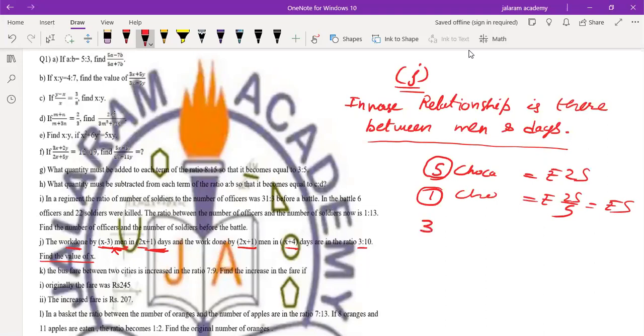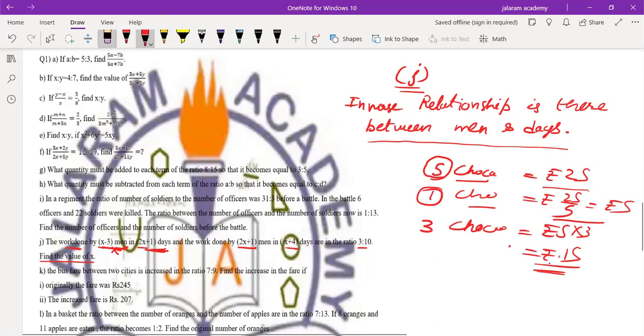Then to find the cost of 3 chocolates, we multiply, 5 times 3 is 15. This is done in the case of a direct relationship, as if the number of chocolates increases, their cost also increases. If one of them decreases, the other also decreases.